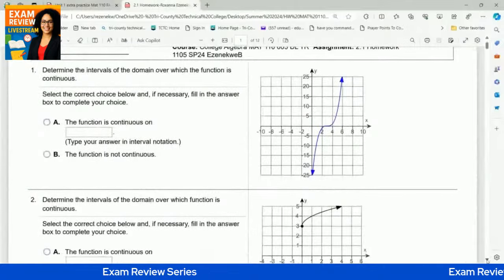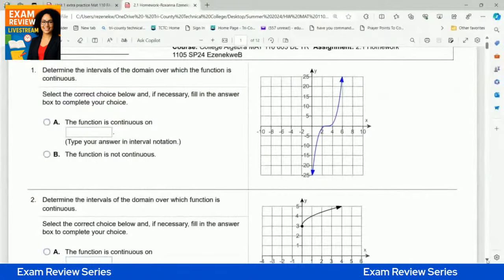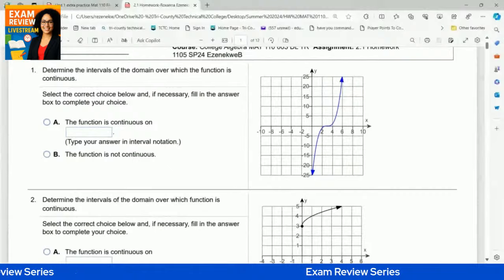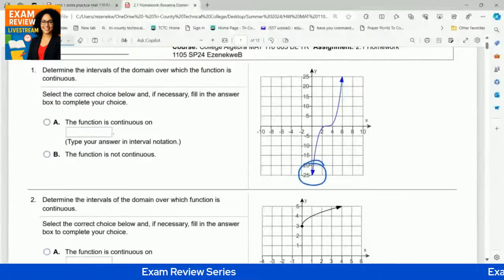Okay, determine the intervals of the domain. This is a cubic function. You are asked to find the domain, the possible x values. What you want to make sure you know is that this arrow is going down to infinity. You don't know where it's going.